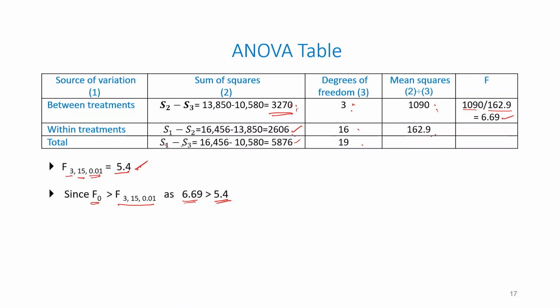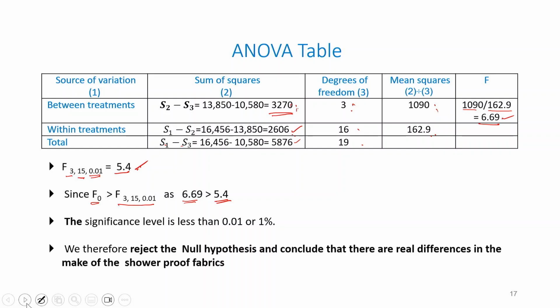So what should be my conclusion? The calculated value is more than the table value. So it has gone too far. So the conclusion will be that the significance level is less than 0.01.